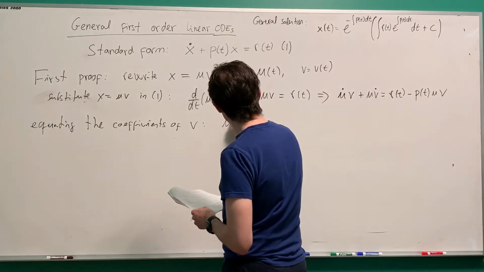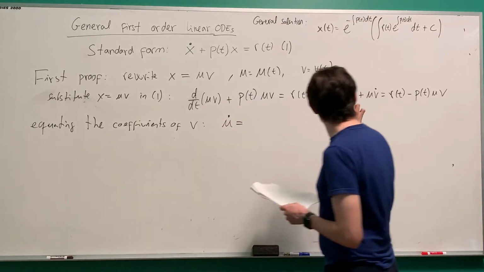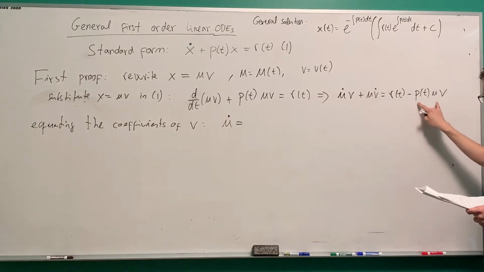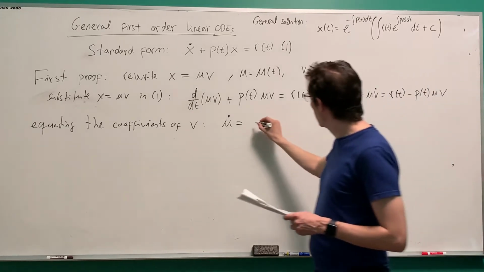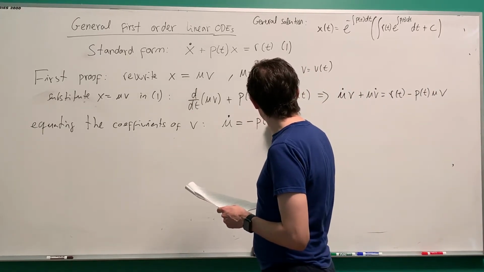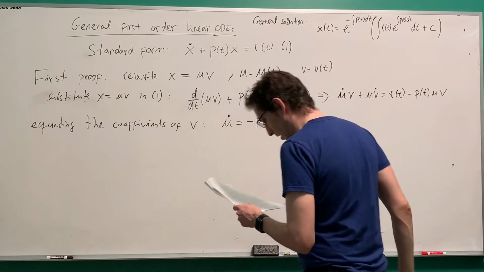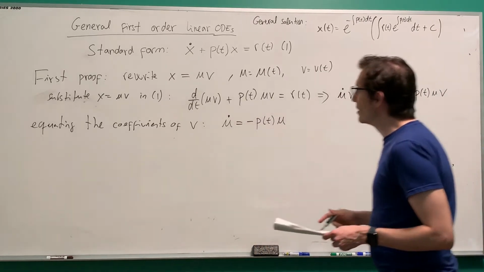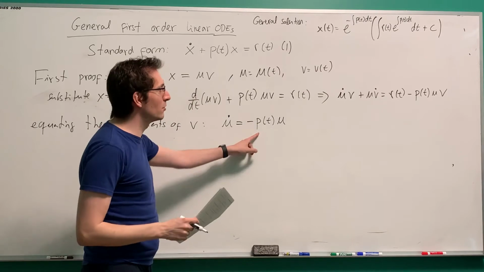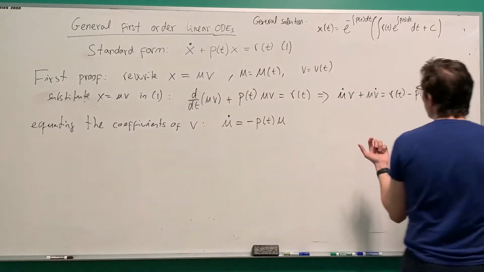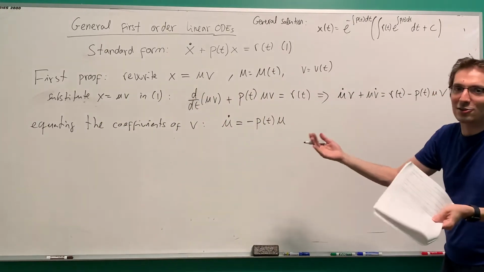So u dot has to be equal to whatever multiplies v on the right, which is minus p(t) u. And then, of course, if this is equal to this in this particular splitting, then we know that the rest has to be equal to the rest.